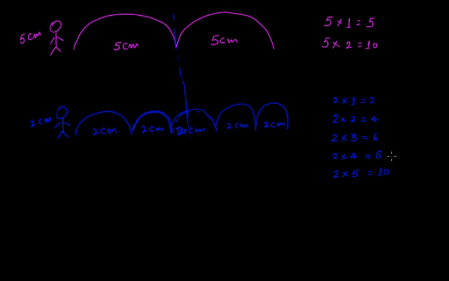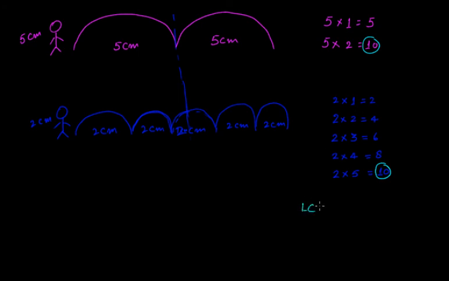Now you can see that this is representing multiples of 5, this is representing multiples of 2. In this case we have 10 here and we have 10 here, and this is the least common multiple of 5 and 2, right?